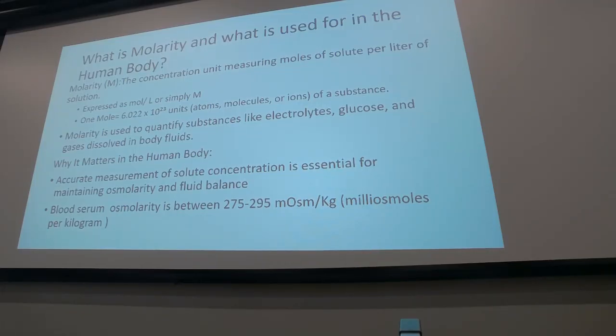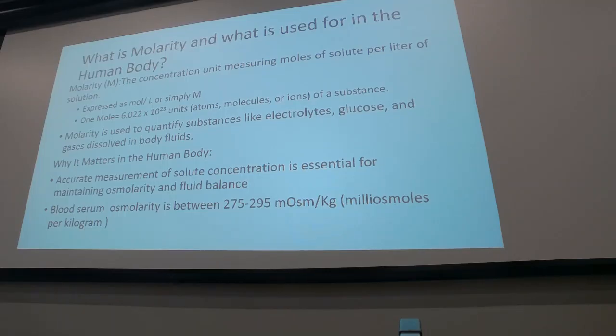So, molarity is used to measure substances like electrolytes, sodium, chloride, etc., glucose, and also gases dissolving in body fluids.